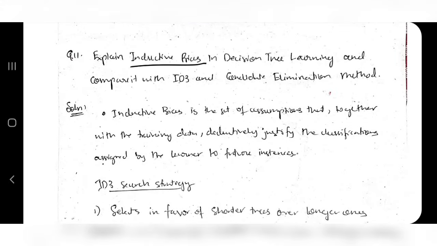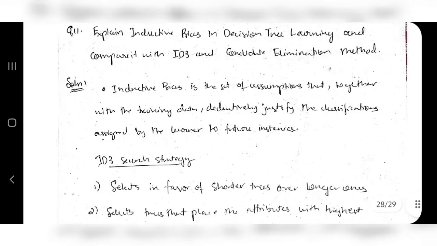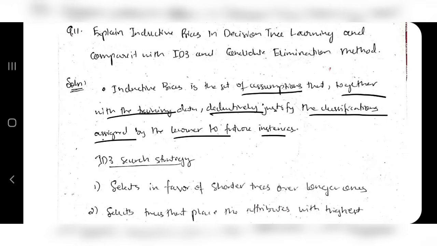Explain inductive bias. This is a previous year question, but still it's not repeated, so I don't make it super important. ID3 and candidate elimination method with inductive bias, you have to differentiate them and tell me what the differences are. Inductive bias is a set of assumptions that together with the training data deductively justify the classifications assigned by the learner to future instances.